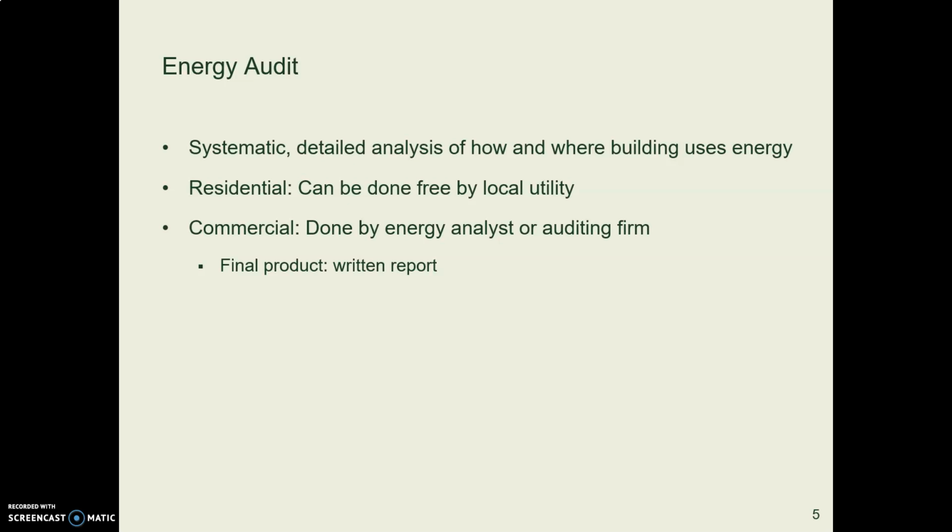In a house, energy audits are typically done for free by your local utility. The utility will employ an energy analyst who comes out and does this for you. In a commercial building, this will typically be done either by an energy analyst that works for the company or by a separate auditing firm, and then they'll issue a written report.